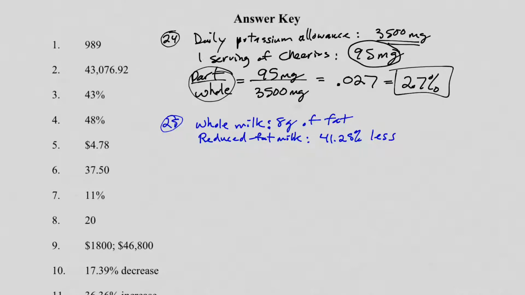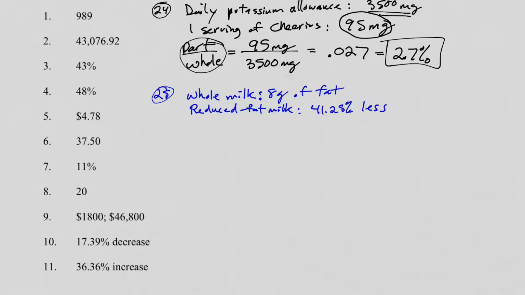So what we need to do is, first of all, find out how many grams is 41.25%. So we want to do our 8 grams of whole milk times that by 0.4125, and that's going to equal 3.3 grams.